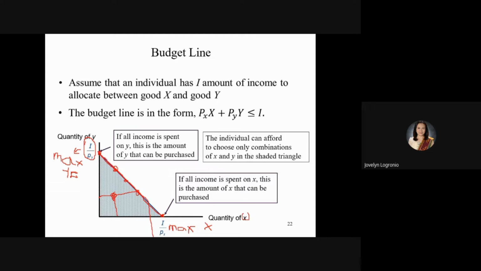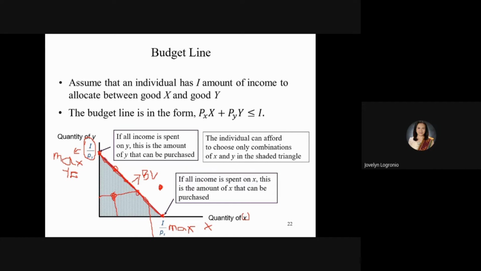So, any combination below the budget line describes that the consumer is not consuming or allocating all of his or her income. And any combination outside the budget line naman means that with his or her income, that combination of X and Y is impossible to achieve.